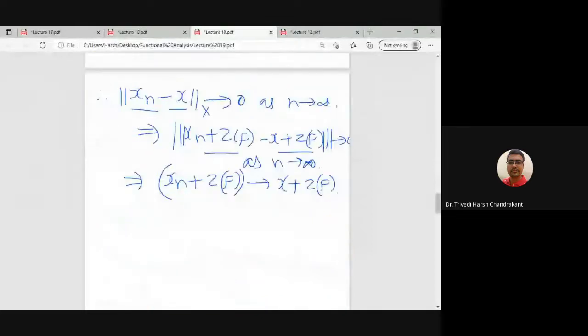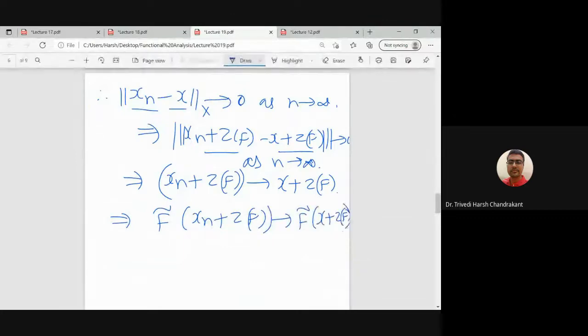So this implies f tilde of xn plus kernel converges to f tilde of x plus kernel. This is a convergence in the quotient space X modulo kernel of f. It converges because f tilde is continuous.